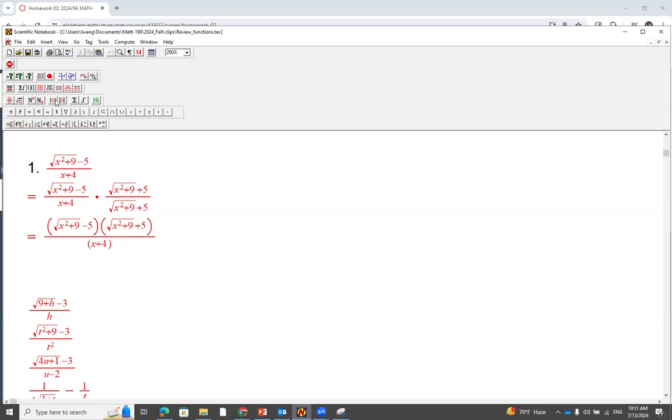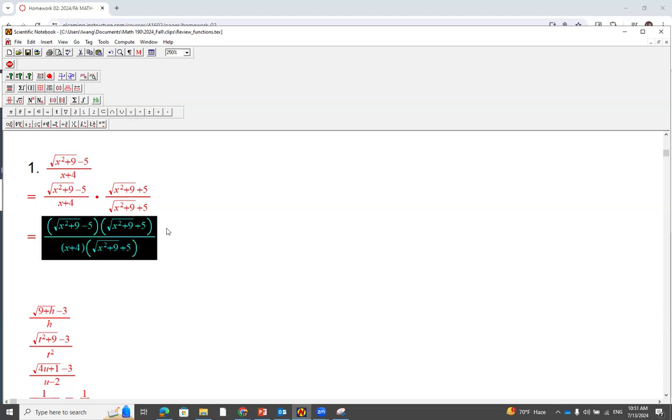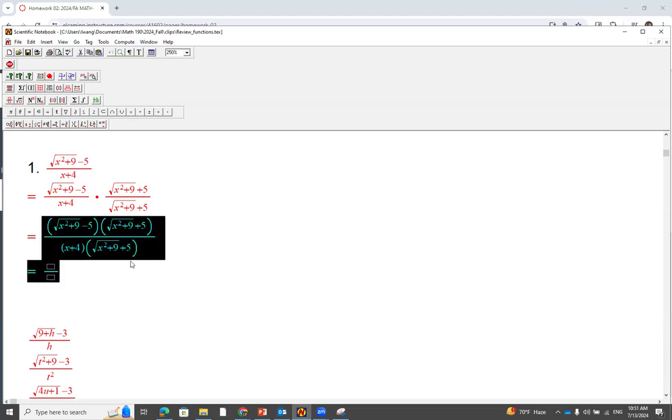And in the numerator, we're going to have root of x squared plus 9 plus 5. Okay, so the second step, right? The first step we multiply by 1. Secondly, we're going to do the fraction multiplication. And then the top, we're going to apply the properties of conjugates. Denominator stays the same.